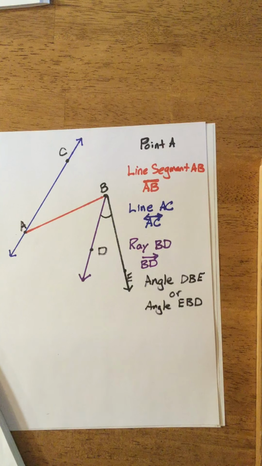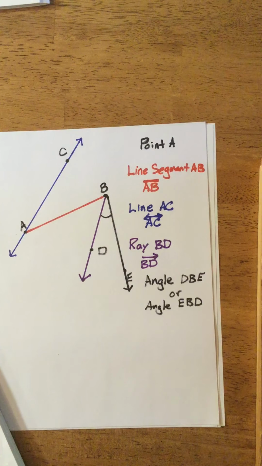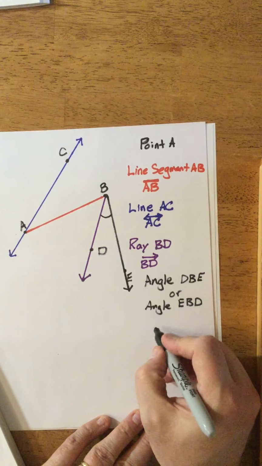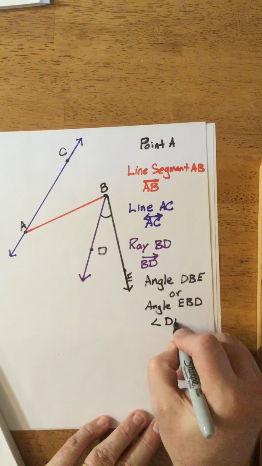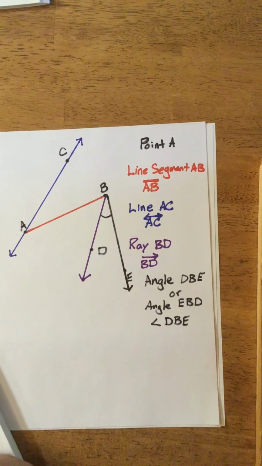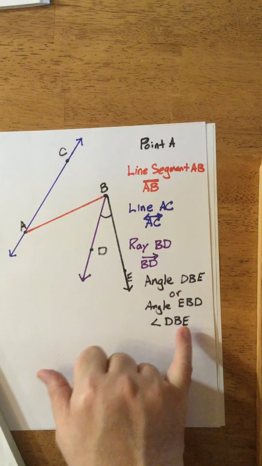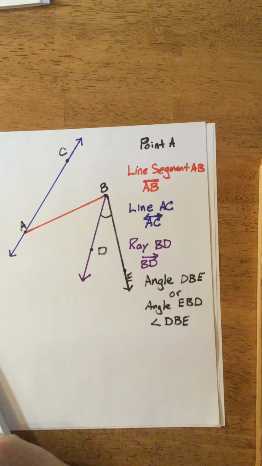Now what I want you to recognize here is that both of them have something in common, and that is that middle letter. And this is how we name angles. Now I could name it this way, or if I were to use a shortened version like up there, I could just draw a little angle and angle DBE. And again, I use those capital letters. All right, so we have angle DBE or angle EBD. It refers to the same angle here.